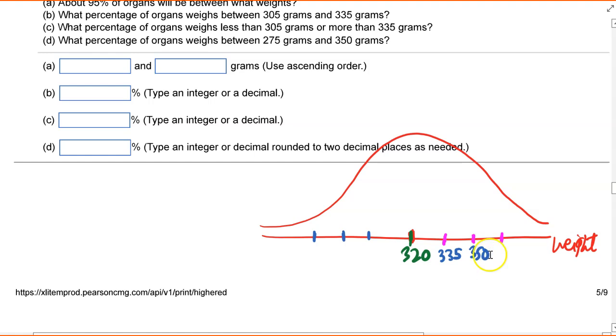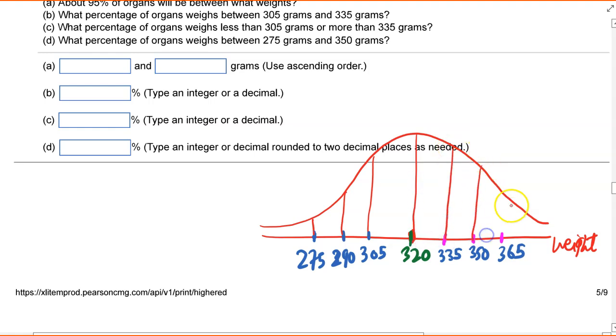You add 15 to 350, you get 365. So on, you subtract 15 from 320, you get 305, then 290, then 275. Now let's make a box and put the numbers in to answer the question. That's the empirical rule for a bell-shaped distribution.